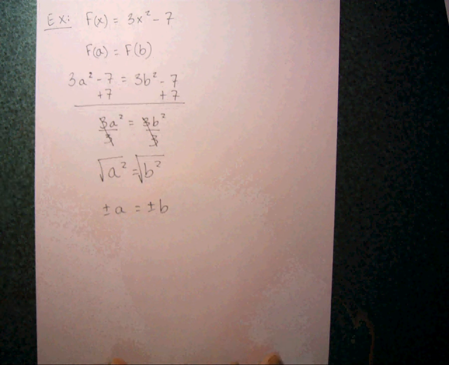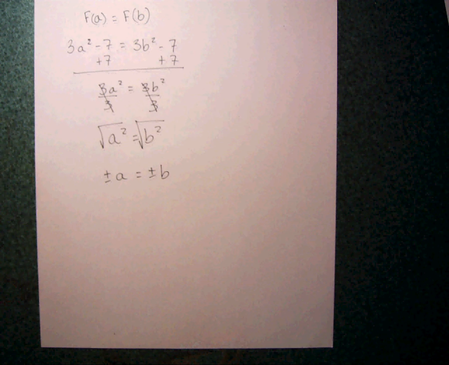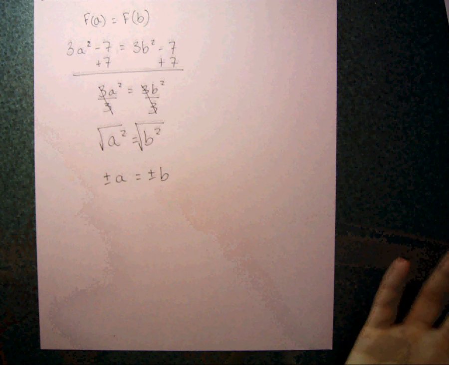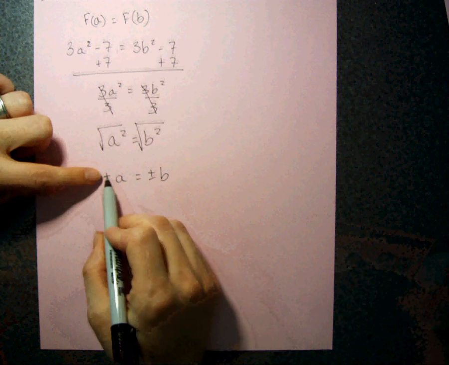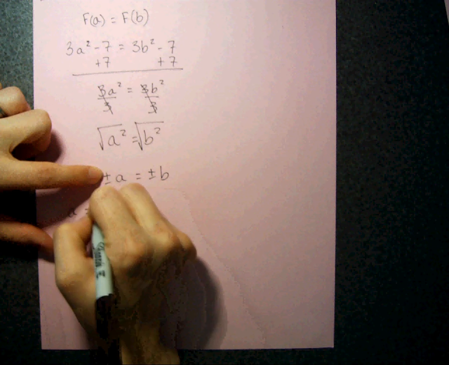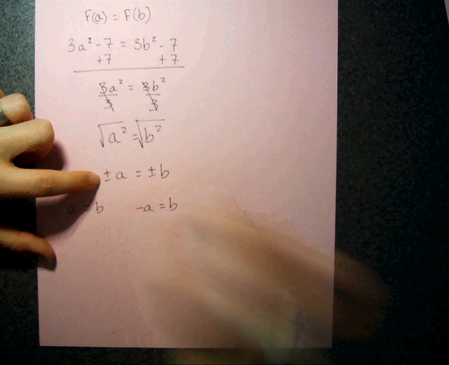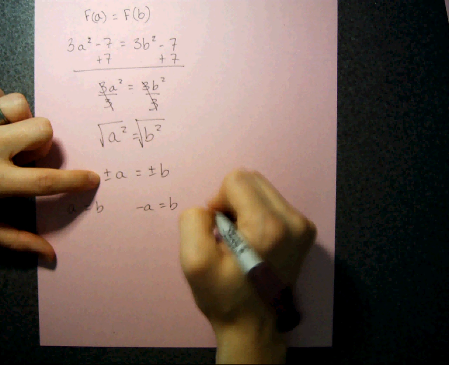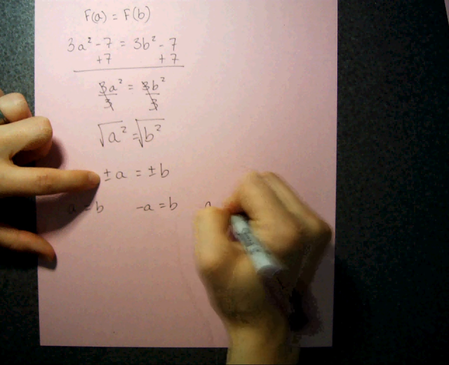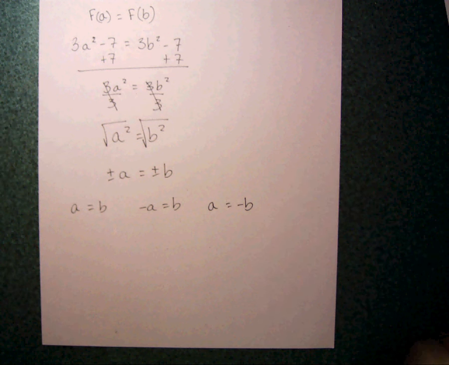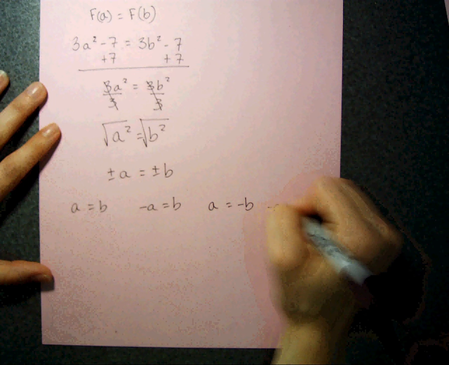What does that mean? It's not one-to-one, right? If I break this down, I have a whole bunch of different options here. I could have positive a and positive b, or negative a and positive b, or positive a and negative b, or they both could be negative, right?